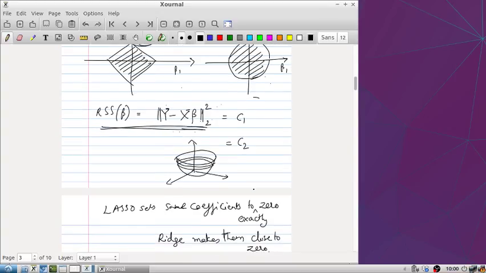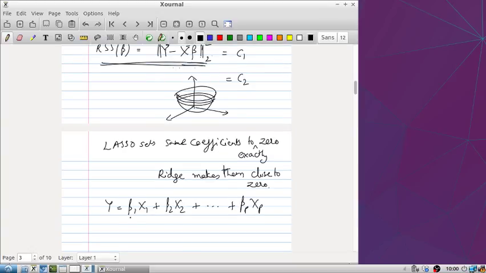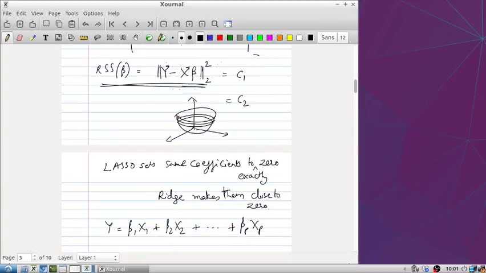Last time we saw that choosing sets is essentially the same as, let's say, y is equal to beta 1 times x1 plus beta 2 times x2 plus up to beta p times xp. We said choosing sets is essentially the same as setting explicit betas to 0, right? 0 times x1 would be exactly the subset x2 to xp, for example. Ridge and lasso both say, let's not explicitly choose sets, let's do some continuous optimization.